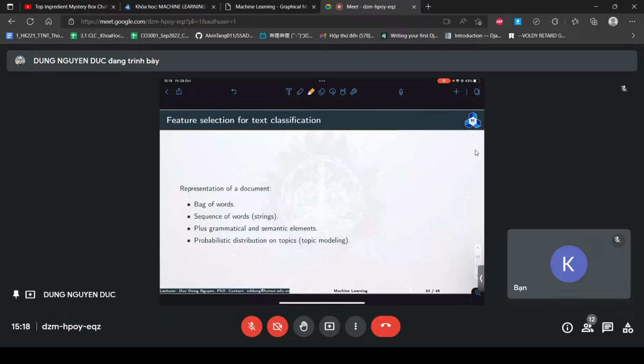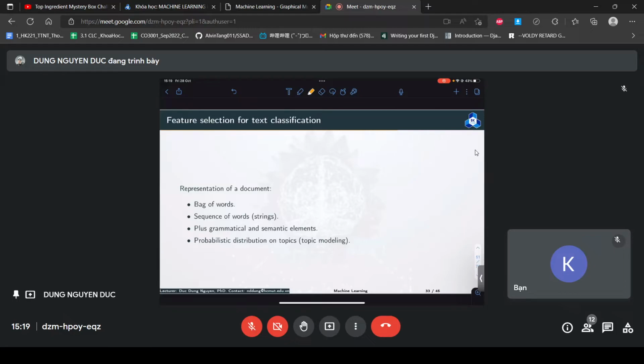So, in text classification problems, we have several ways of representing the document, like using the bag of words, or just sequence of words, or maybe we use some sort of grammar and semantic elements inside, but I don't see a lot of people use it nowadays.